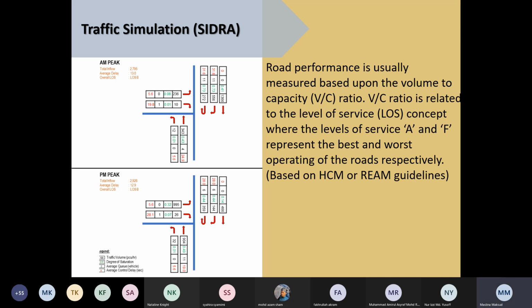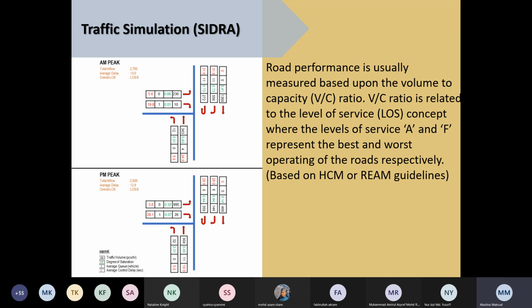So the road performance is usually measured based on the volume to capacity ratio, which is related to the level of service concept, where level of service A and F represent the best and the worst operating condition of the road respectively.